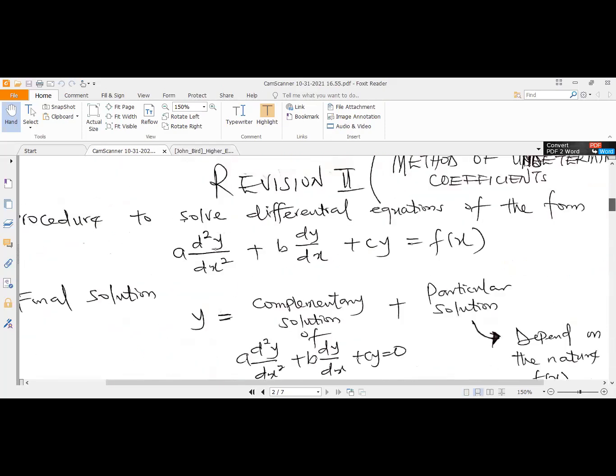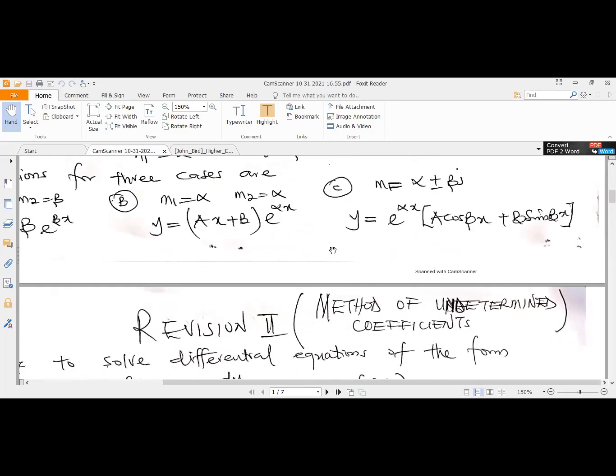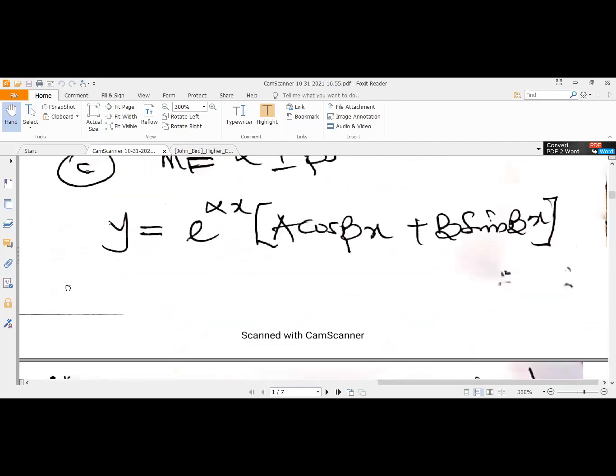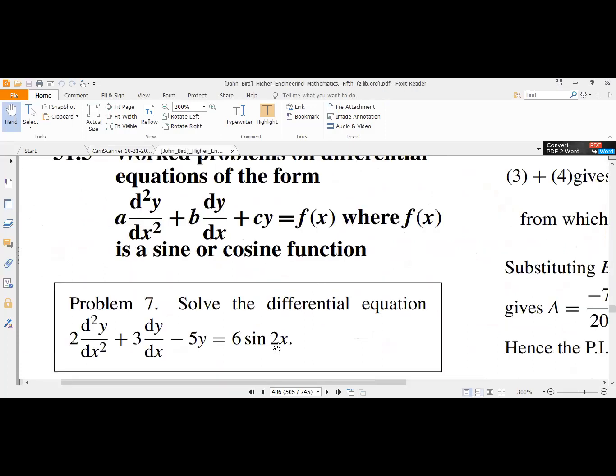Can you see my screen now? In this case, we are having it to be cos and sine. That is why we cannot use that method if f of x is tan. We can only use this method if we have it to be sine or cos.